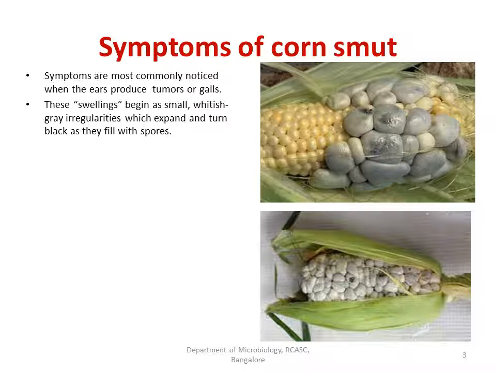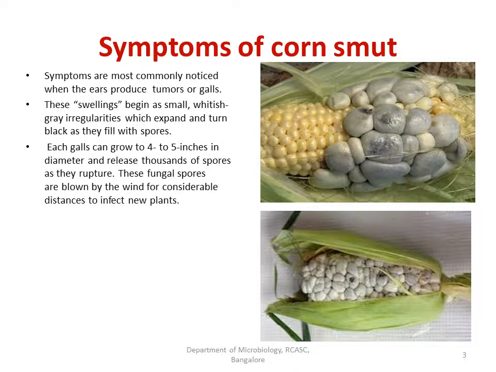At the same time, there will be filling inside that particular cell with black spores. Those irregular masses of cells are called galls. Each of the galls can grow up to 4 to 5 inches in diameter, and in the same region there will be an accumulation of numerous spores, that is teliospores.